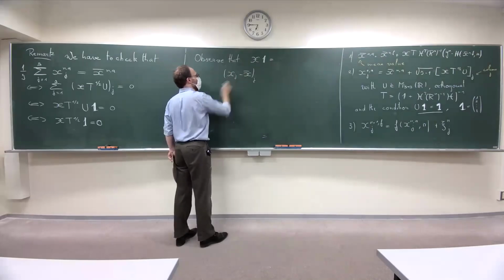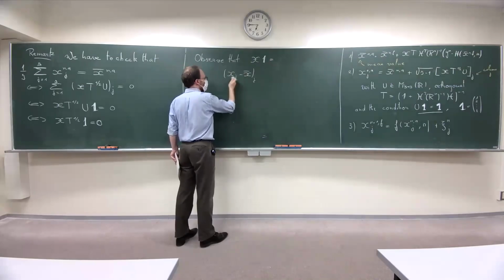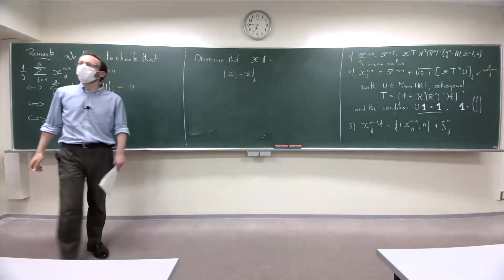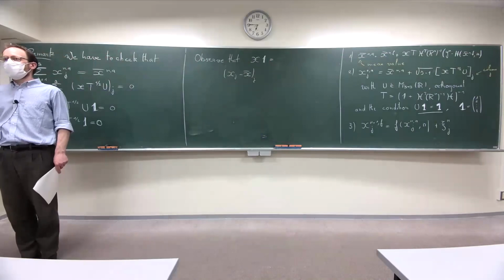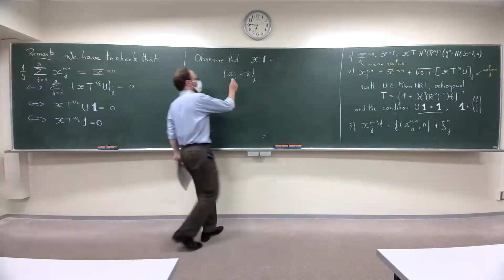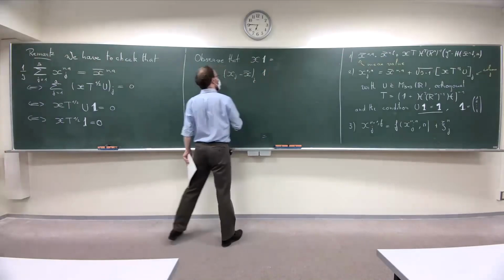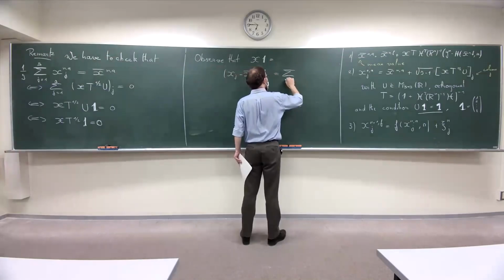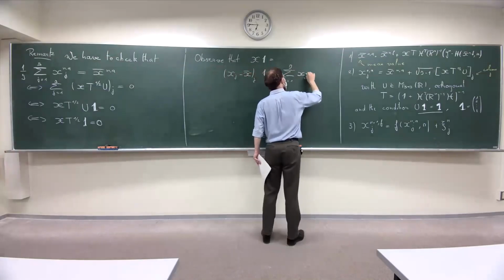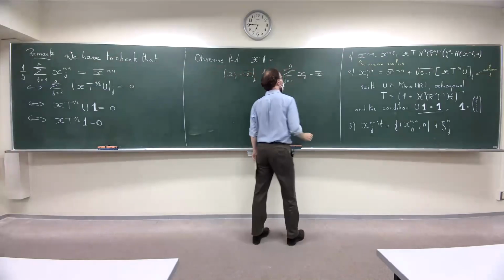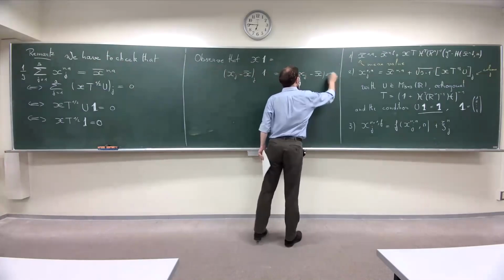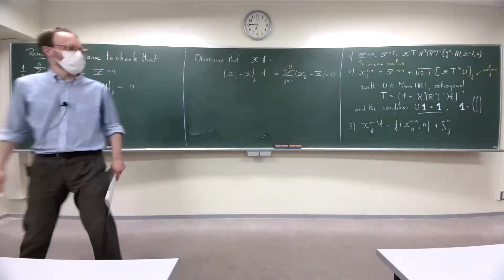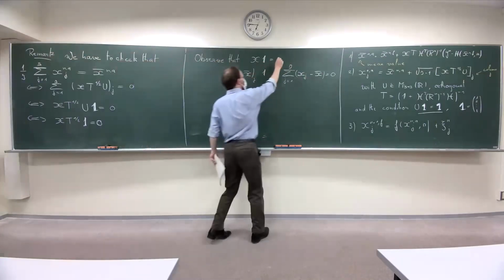This is x1 minus its mean value, which gives you the first column, then x2 minus the mean value. So when you take this matrix and apply it to 1, 1, 1, 1, 1, what you get is the sum over j from 1 up to J of xj minus the mean value. This gives you 0. So this is true. You have 0 here.